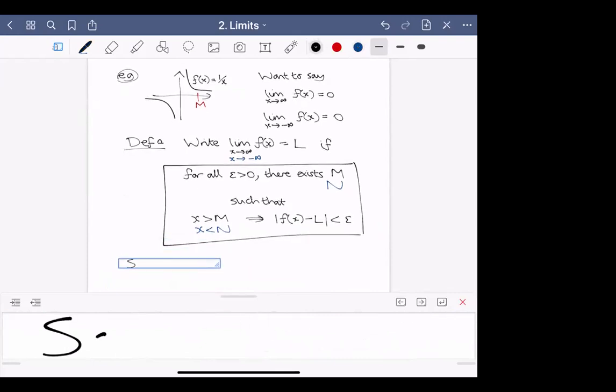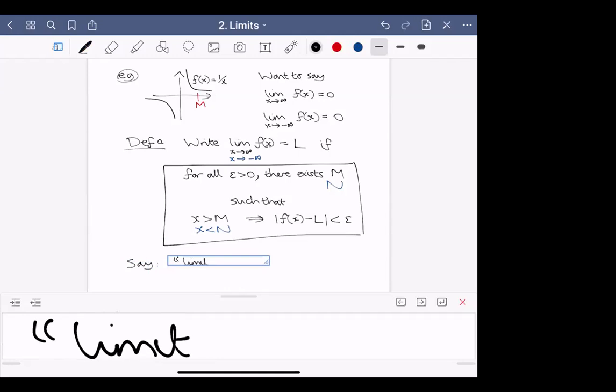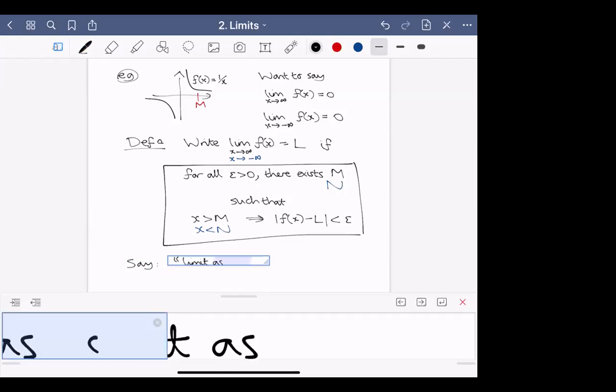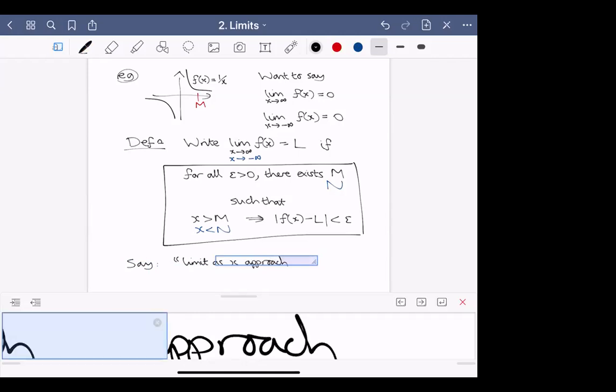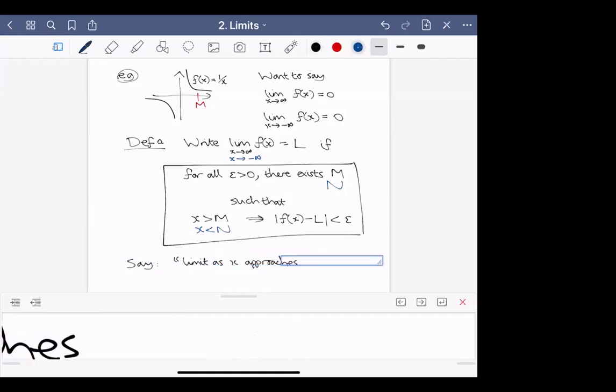And in this case, we say the limit of f(x) as x approaches infinity or minus infinity.